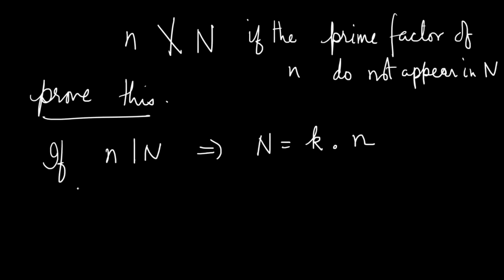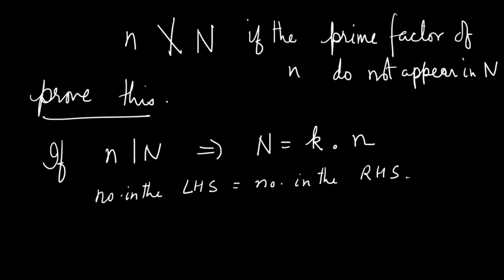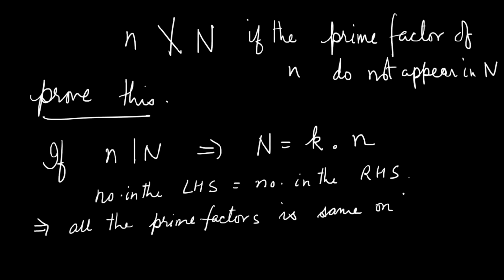Now the number on the left hand side is equal to the number on the right hand side, and this implies that all the prime factors in the prime factorization are the same on both sides, and this is due to our fundamental theorem of arithmetic.